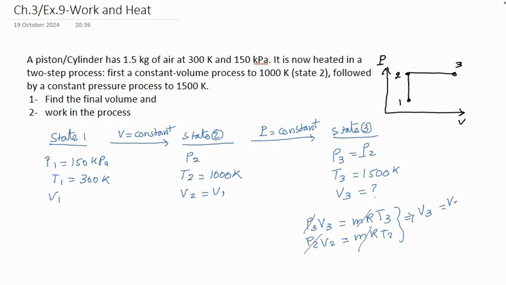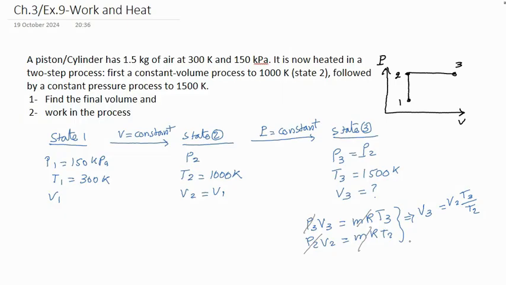We end up with a relation between temperatures and volume. We already have T3 and T2. We only need to find the volume at state number 2. Now, according to the given, volume at state 2 equals the volume at state 1. So if we find the volume at state 1, then we will be able to find volume 3 straight away.